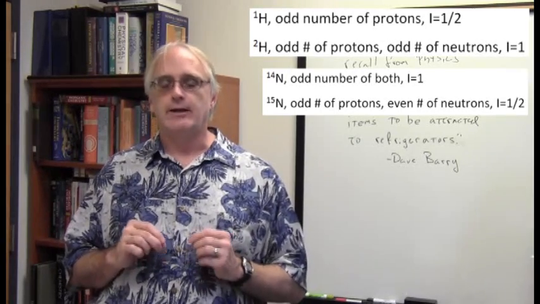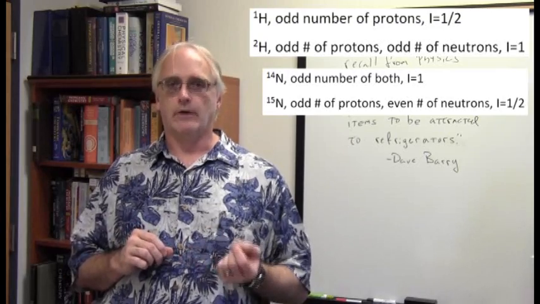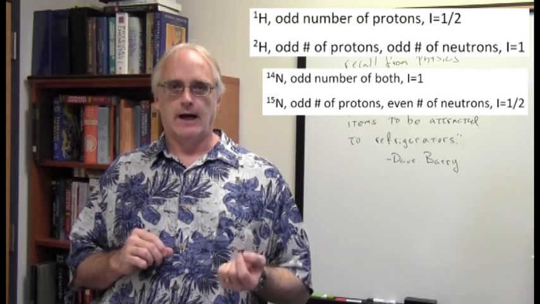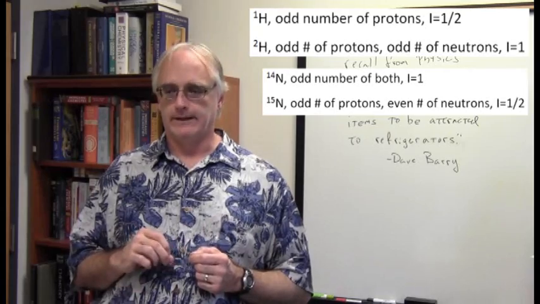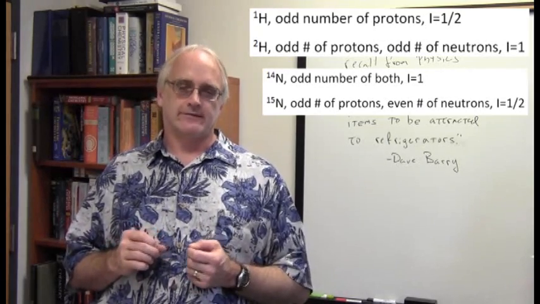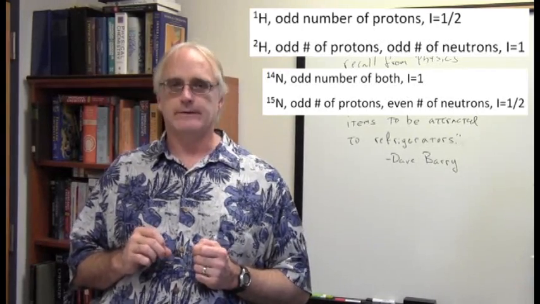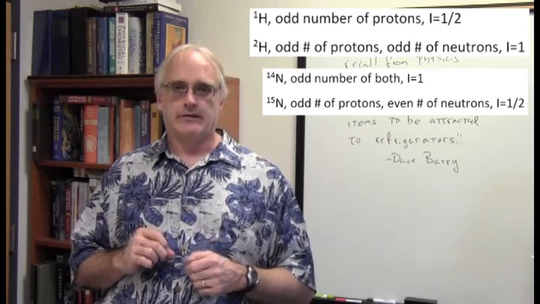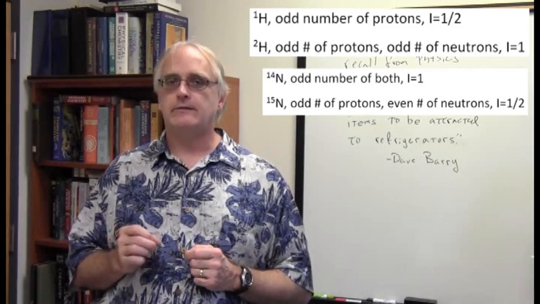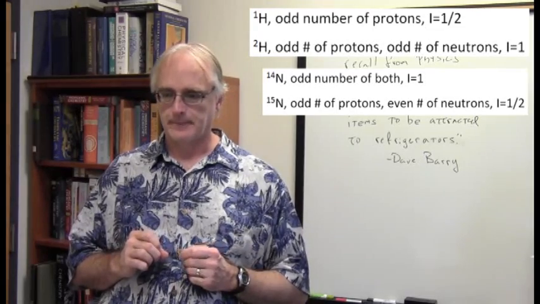It's actually a magnetic nucleus with a spin quantum number of 1, 1/2 for the odd proton, 1/2 for the odd neutron. The other isotope of nitrogen that you can study by NMR sometimes is nitrogen-15. It's much rarer than nitrogen-14. It has 7 protons, 8 neutrons. It's a spin 1/2 nucleus.